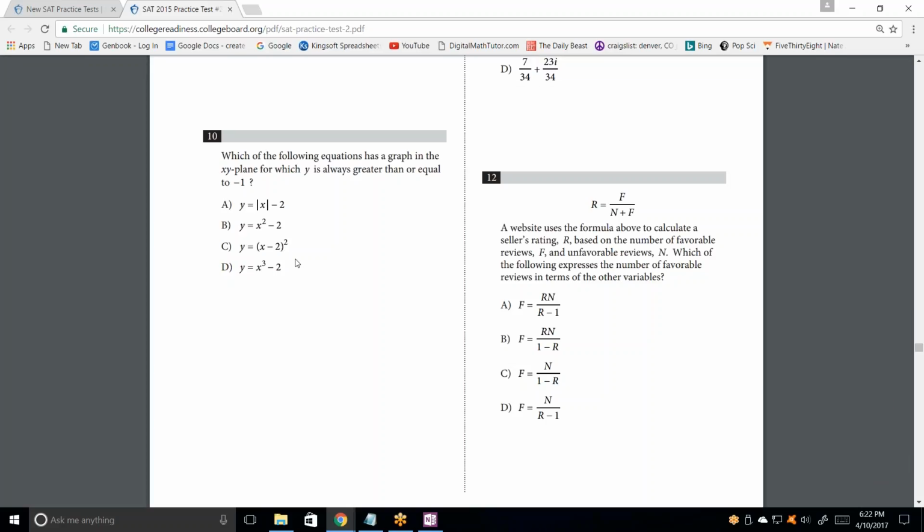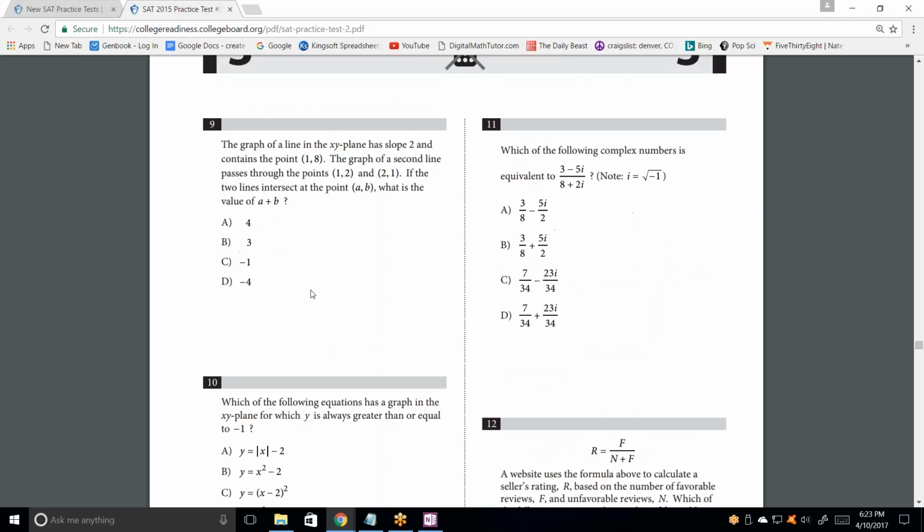You with me? Okay. Whereas a, if x were 0, we'd have -2. B, if x were 0, we'd have -2. And D, if x were 0, we'd have -2. But not C, because it's the whole quantity that's being squared.